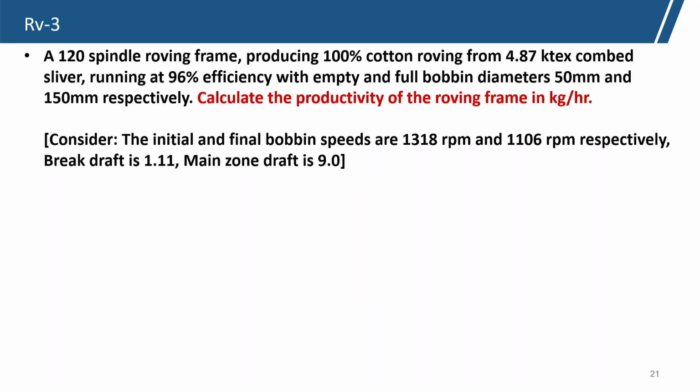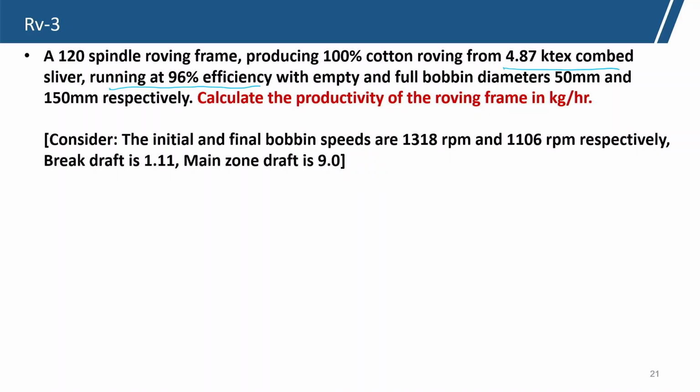Now, the next numerical: a 120 spindle roving frame. The roving frame has 120 spindles, which is the standard size, producing 100% cotton roving from 4.87 kilotex combed sliver, and running at 96% efficiency.